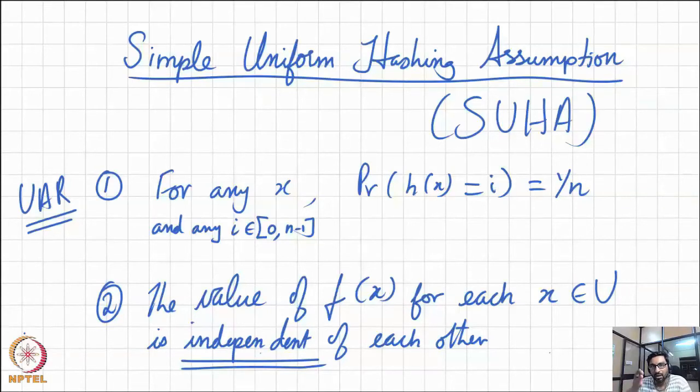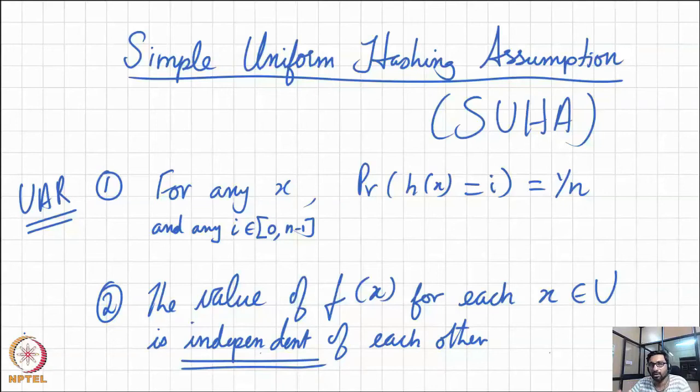What is that tension? Well, on the one hand, each time you invoke the hash function for a particular x, we have to deterministically get back the same hash value. However, the behavior of the hash function should be random.